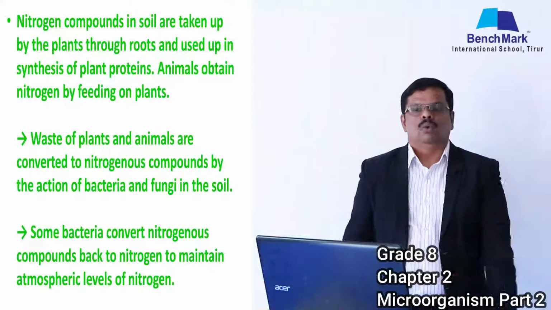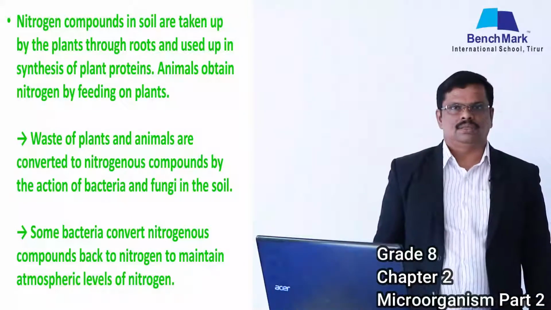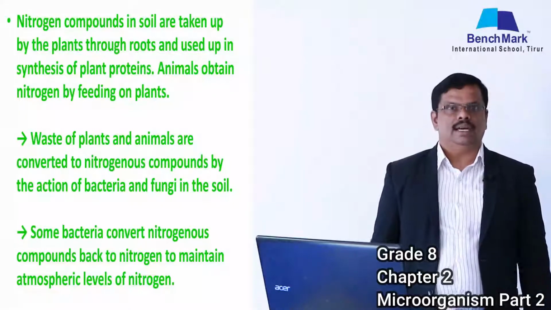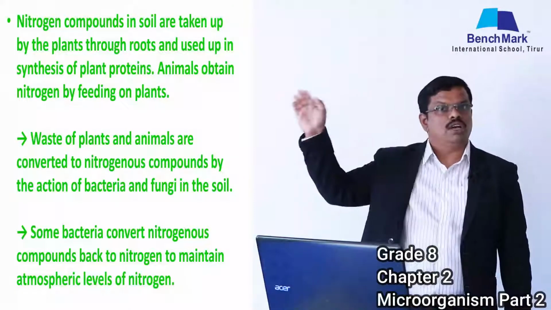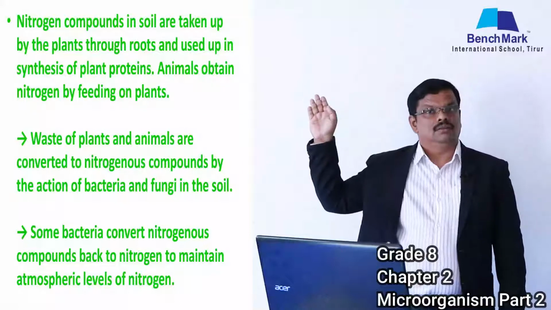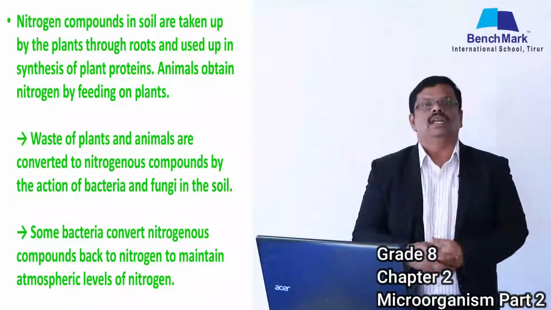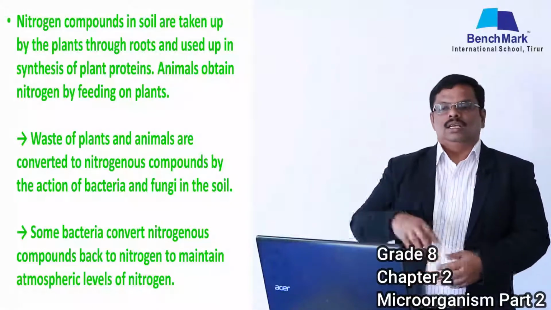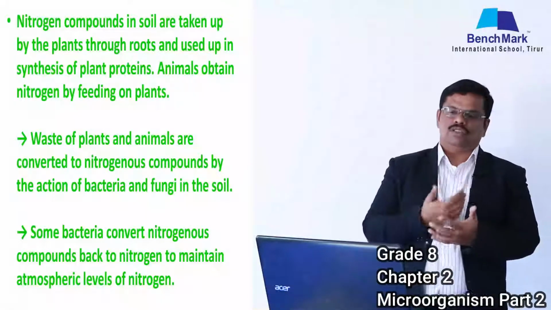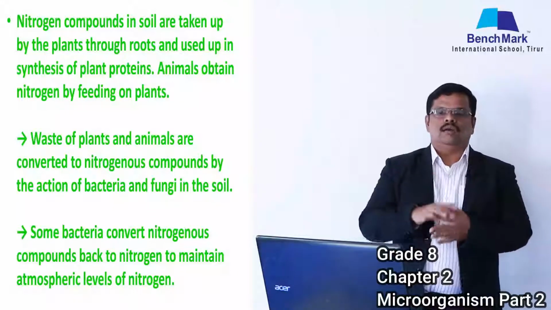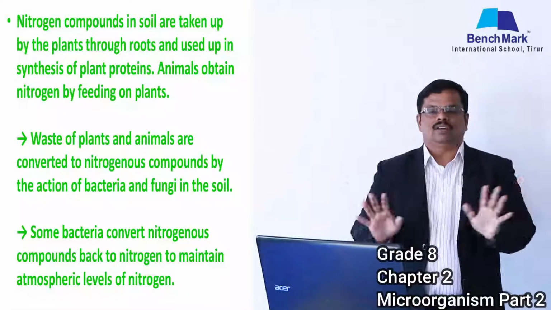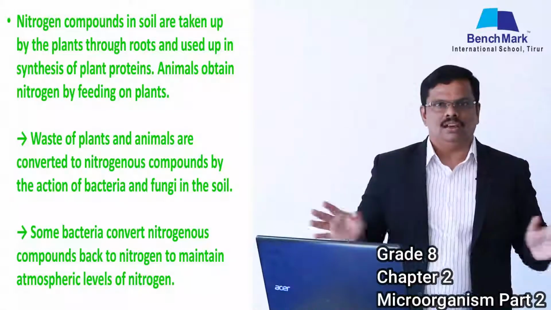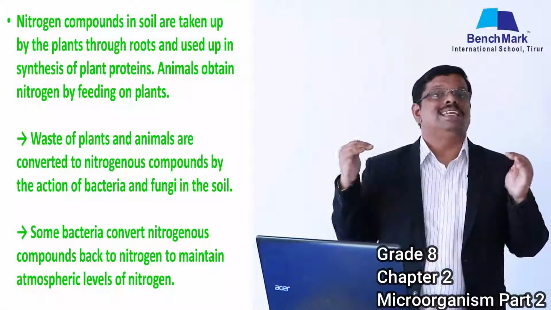Waste of plants and animals is converted into nitrogenous compounds by the action of bacteria and fungi. That's what you saw in the nitrogen cycle. Open your textbook, it's very clearly seen there. Got it? Then some bacteria convert nitrogenous compounds back into nitrogen and maintain the atmospheric levels of nitrogen. So my dear children, this is how the nitrogen level is maintained.